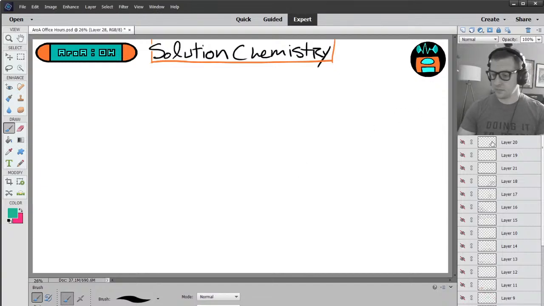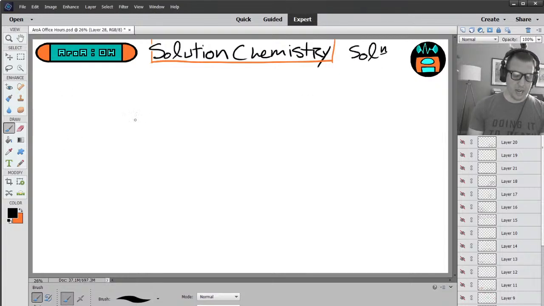All right. So we're doing a chapter on solution chemistry. Let's start by talking about what a solution is. Just so you know, I'm going to use this shorthand for the remainder of this chapter and course.